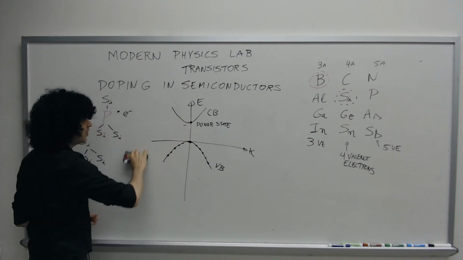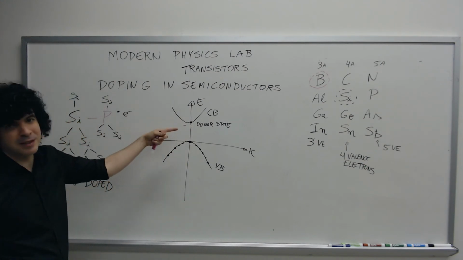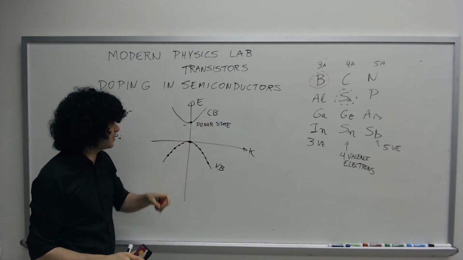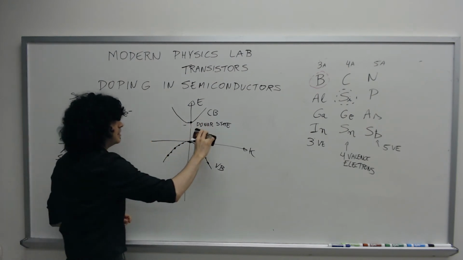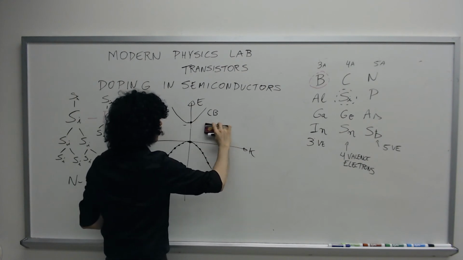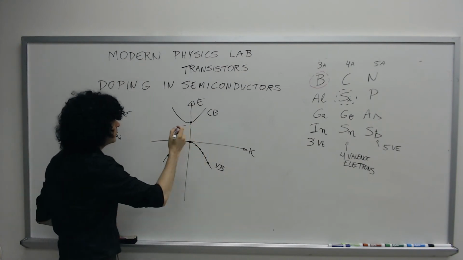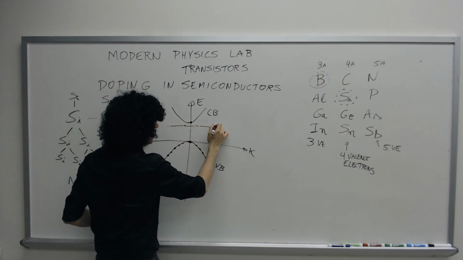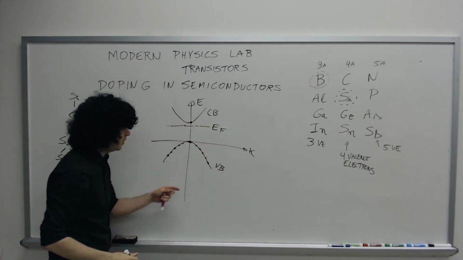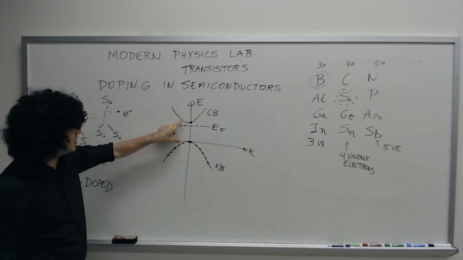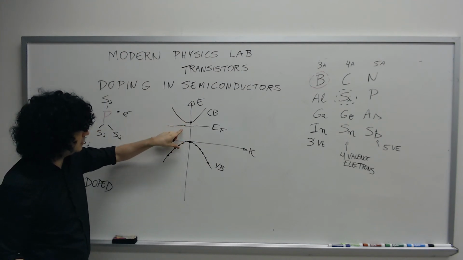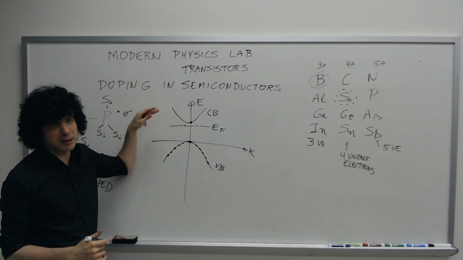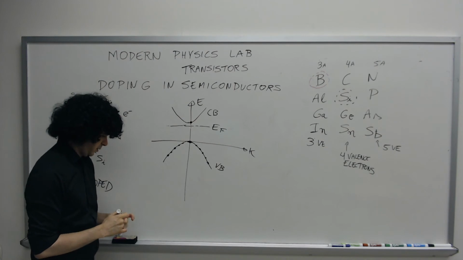Now this n-doped semiconductor can conduct electricity. And this will cause the Fermi level to shift closer to the conduction band. So now it's no longer right in the middle between the conduction and the valence band, but it's closer now to the conduction band.